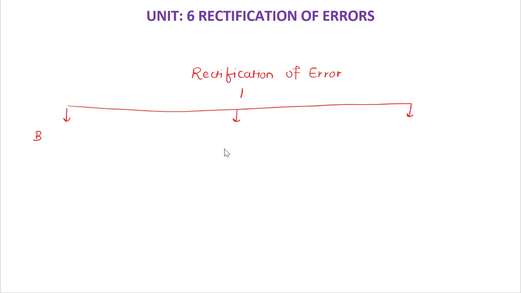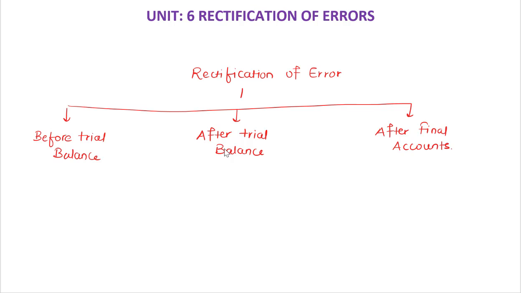First is error detected before trial balance. Second, error detected after finalization of trial balance. And at last, after final accounts. That means when we have prepared the balance sheet, trading and P&L, after that you detect that there is some error.